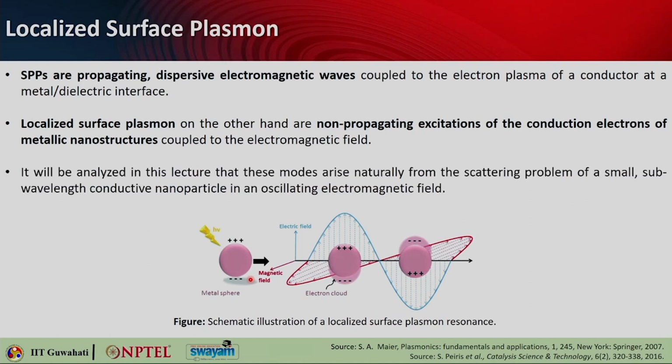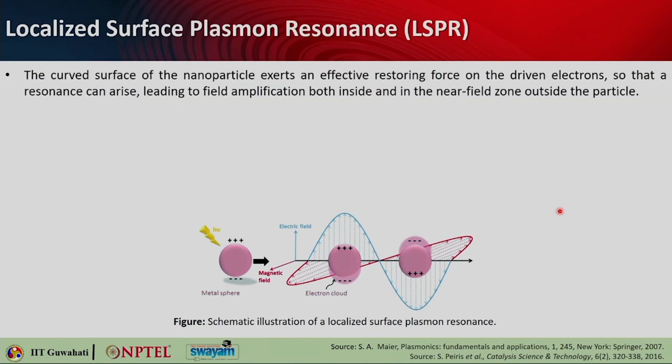Now you can analyze this problem using a scattering problem of a small sub-wavelength size nanoparticle in an oscillating electromagnetic field. In this case, it is important to remember that the curved surface of the nanoparticle exerts a restoring force on the driven electrons, so that they are pulled back, and that is how this oscillation will start. They kind of wobble like a piece of jelly.